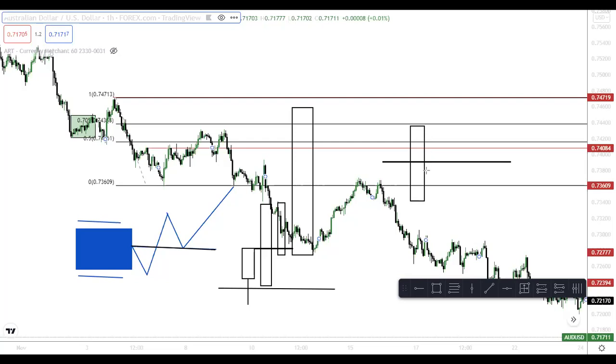Either price is going to come back up, hit that level, and then trade lower, or it's going to do this, and then this candle might just break higher.